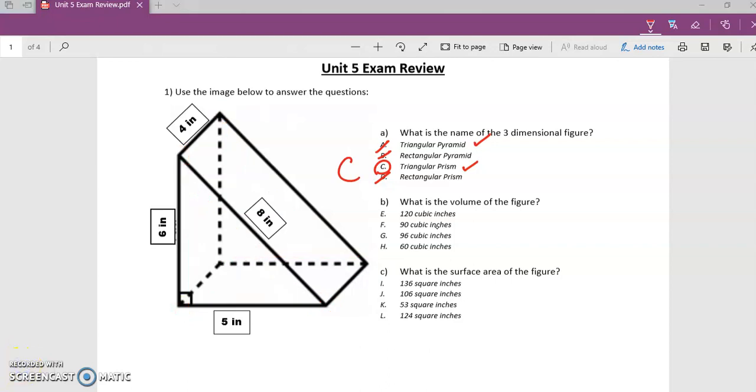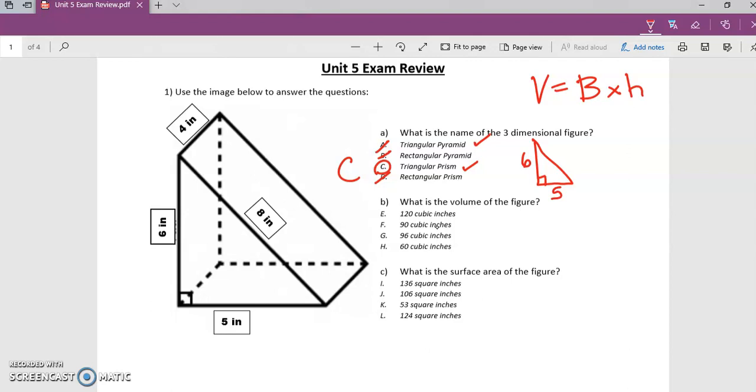Okay, so now that we have what type of three-dimensional figure it is, now we can try and figure out part B. It asks, what is the volume of the figure? When we're looking for volume, our volume will be the area of the base times the height of the prism. Just looking at this, the base is going to be a triangle. It'll have that right angle on the bottom, 6 as the height going up, and then 5 as the base going across.